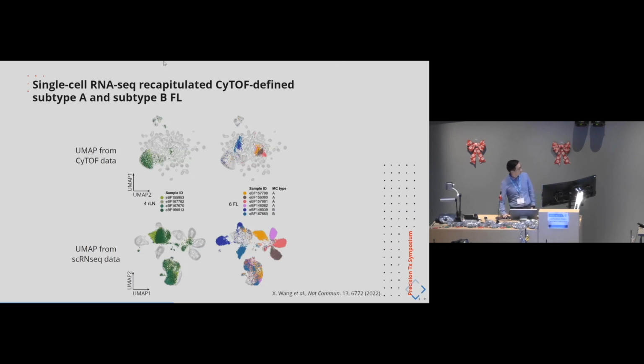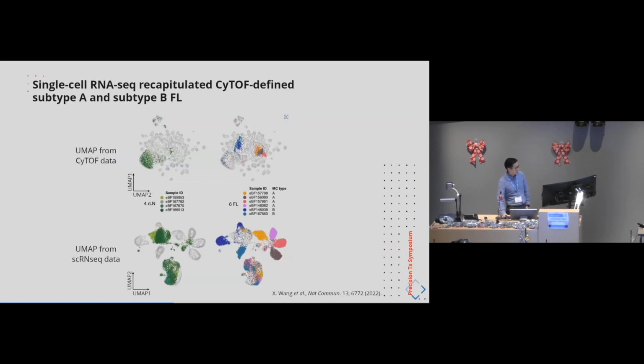You can see the first 2 UMAPs are from CyTOF data, and the second row of UMAPs is generated from single cell sequencing data, which captures the whole transcriptome space.